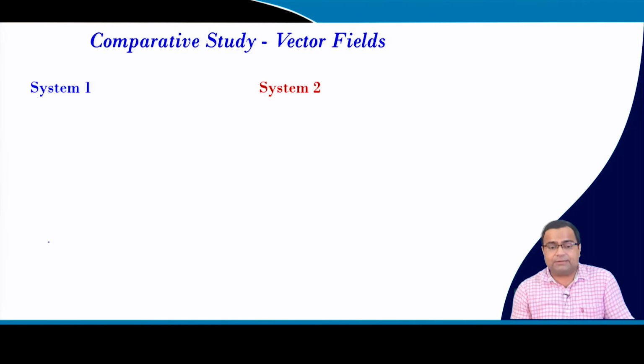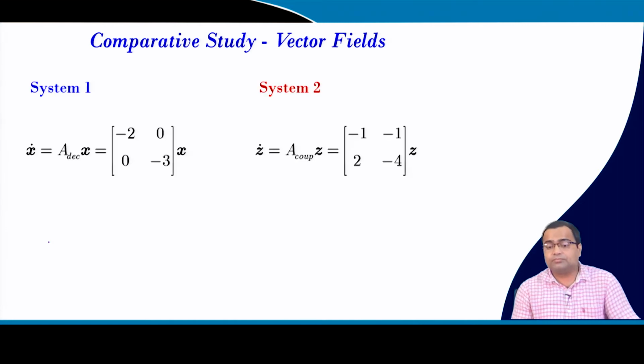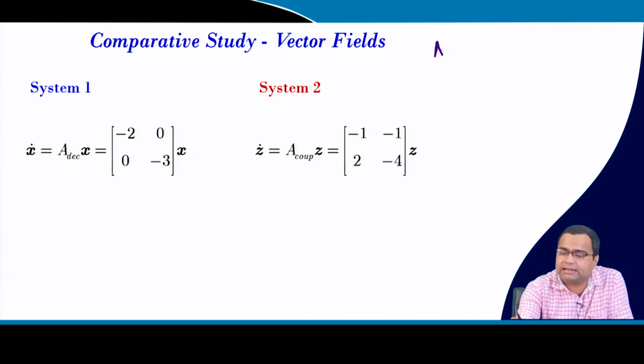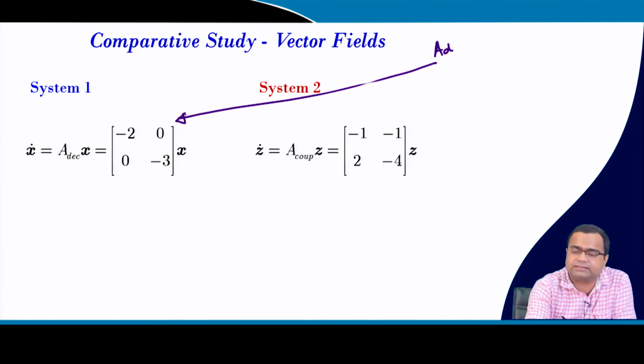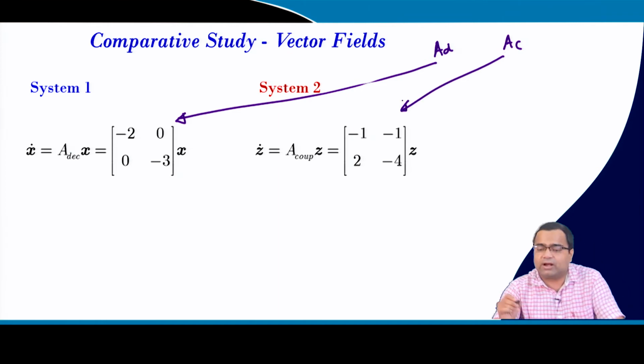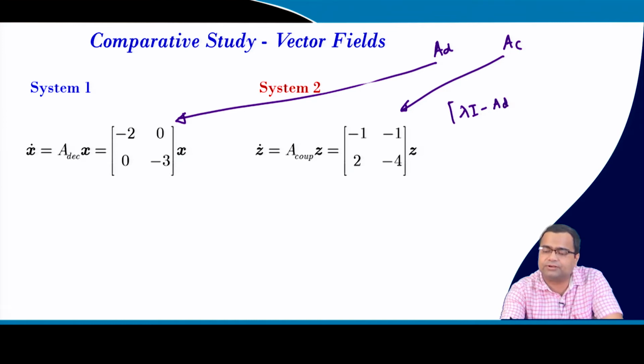Similarly, if we take system 2 that we considered and find the eigenvalues, let us say first A decouple matrix, we write A decouple to represent this and A couple to represent this. So, what is the eigenvalue of A decouple? Lambda I minus A decouple. Let us try to find out. First, write the matrix.